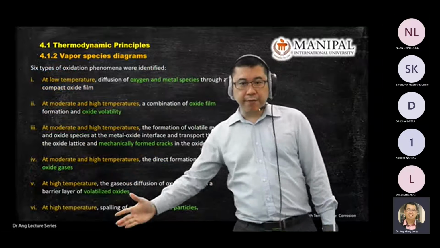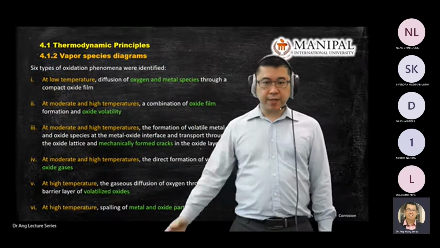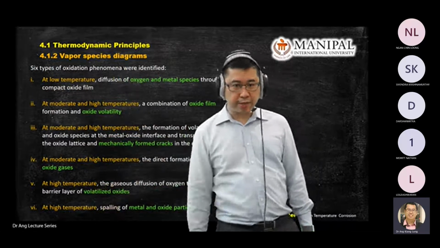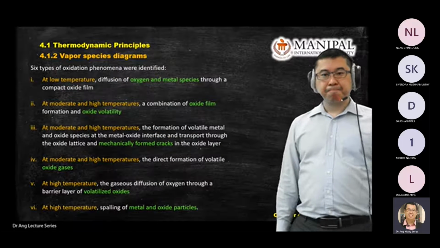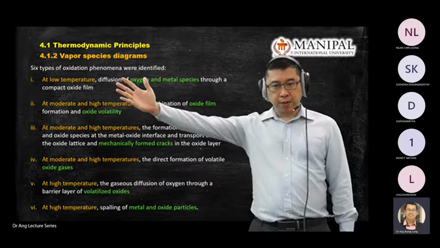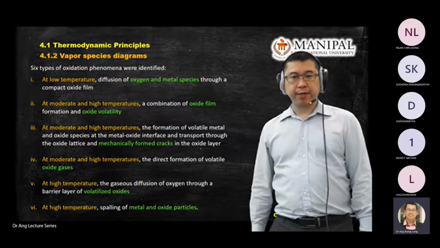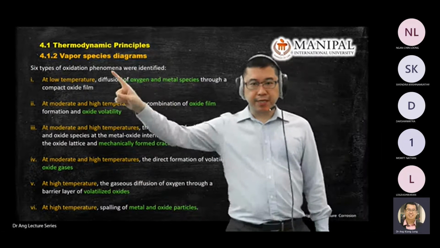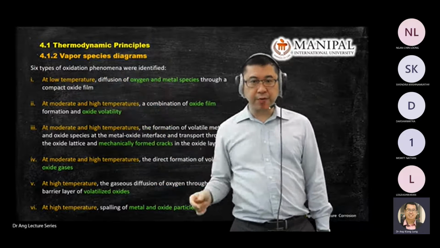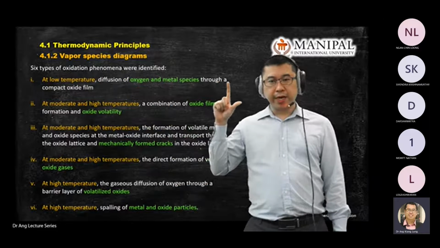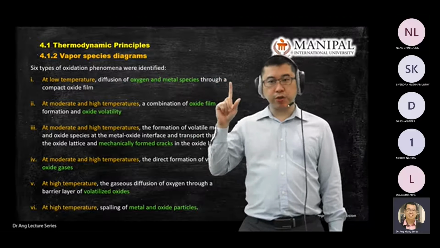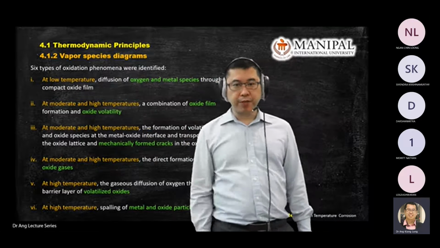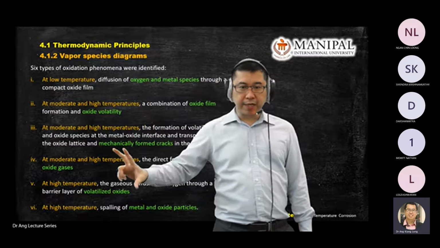You have 6 types of oxidation phenomena. So I list all here. Again, it's a lot of information today. So let's go one by one, right? Basically, the 6 types of oxidation phenomena, you can separate them into 3 zones. One is low temperature. Second, moderate temperature.